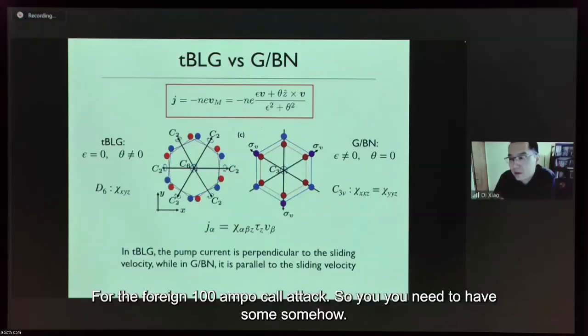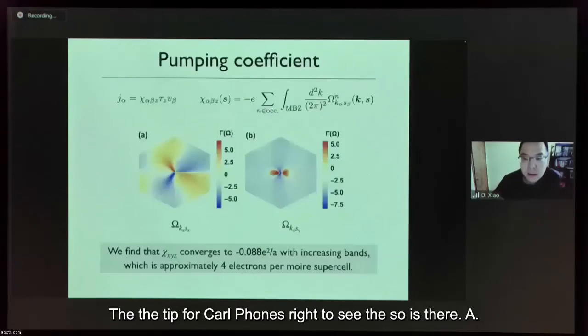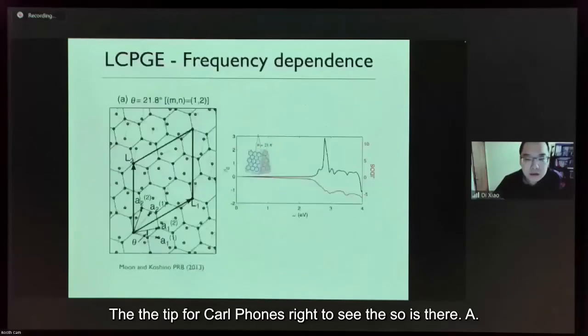For the phonon angular momentum Hall effect, you need to have somehow a detector for chiral phonons, right? To see that you actually separated the two chiralities. Do you have ideas how to detect the chiralities of the phonons? Yeah.